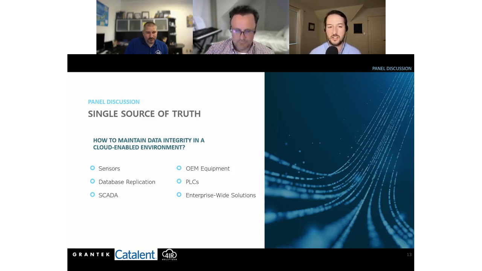One of the issues in making a single source of truth is your IT organization has their idea of a single source of truth, probably generated from the ERP system. And then your OT team has a different concept, maybe machine centric. And how do you get these two teams to work together to build on some master data model?